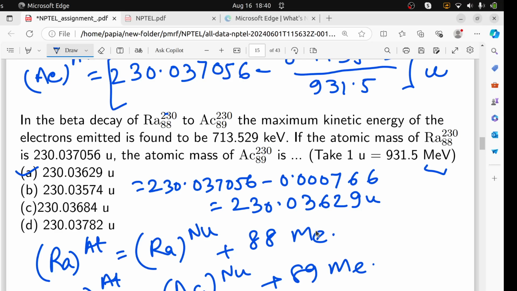And if it is in keV, first we change it to MeV, and after that convert it to U by dividing by 931.5. Then we know the answer, and can see which of the given options is correct.